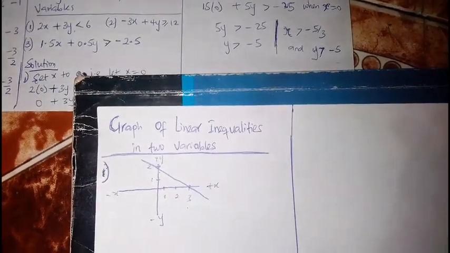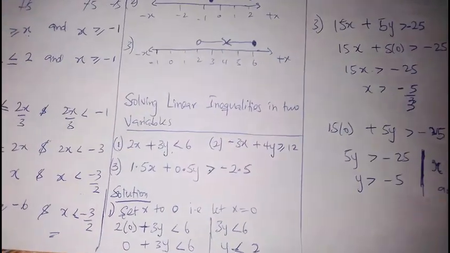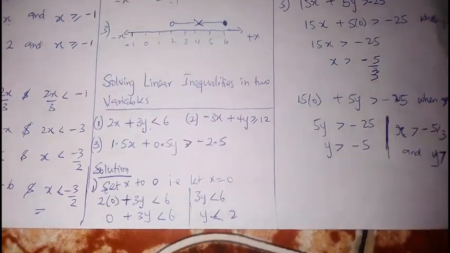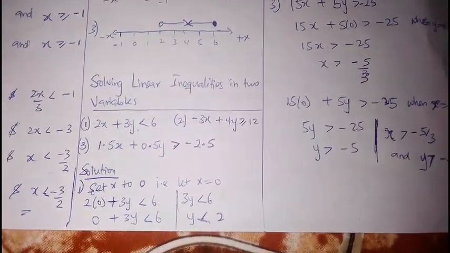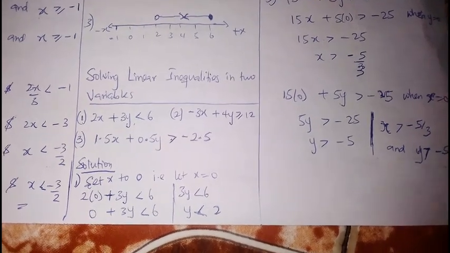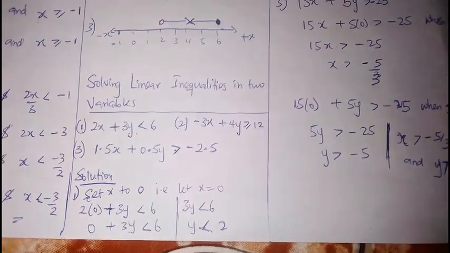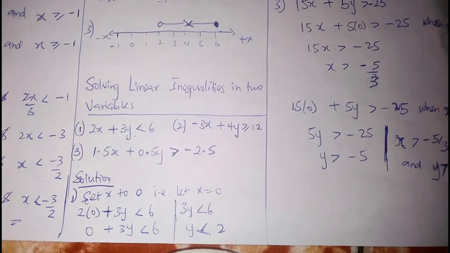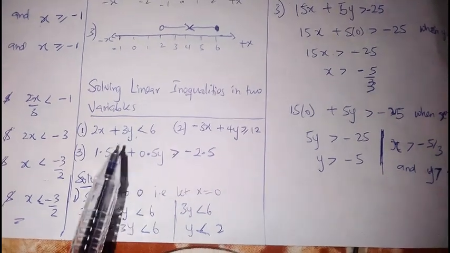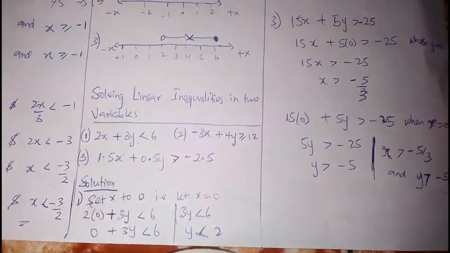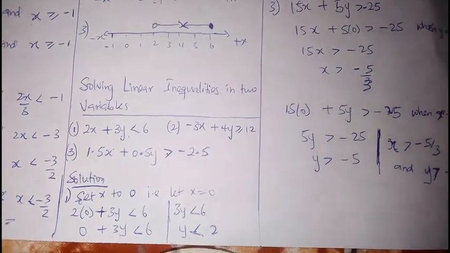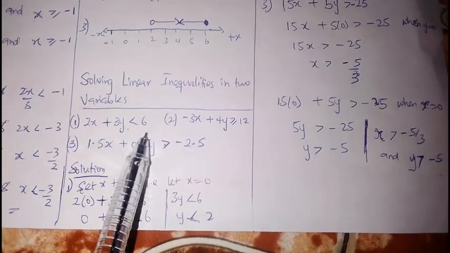Now, let's look at the question. For us to shade, we have to shade in this graph. Now, we have 2x plus 3y less than 6. There are things we need to know also in this case. 2x plus 3y is strictly less than 6.